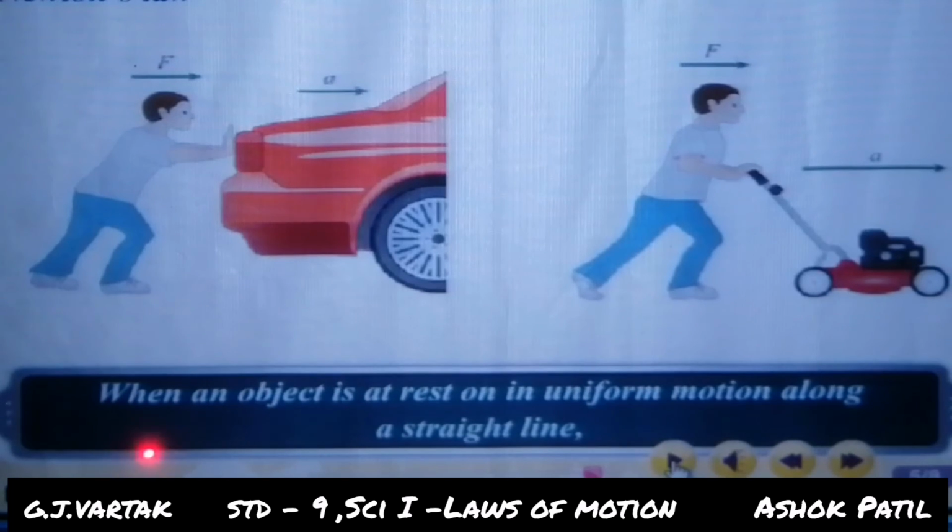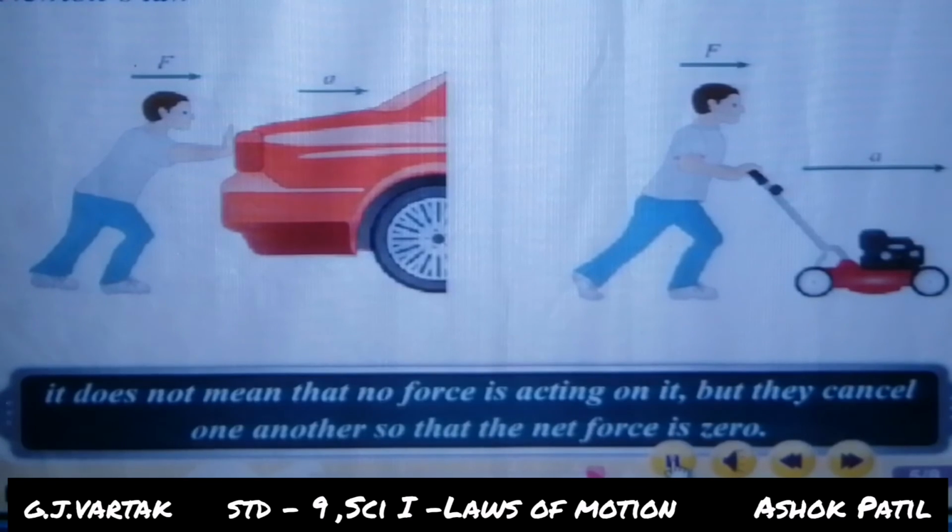Explanation. When an object is at rest or in uniform motion along a straight line, it does not mean that no force is acting on it, but the forces cancel one another so that the net force is zero.